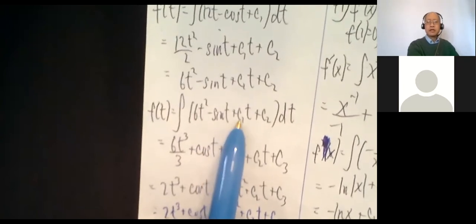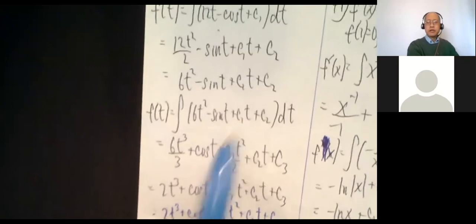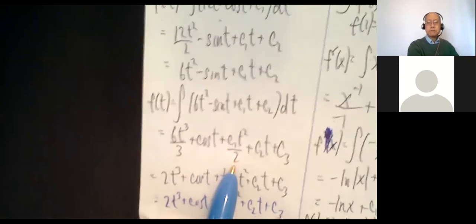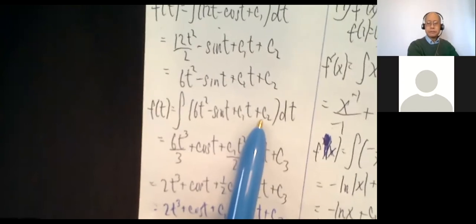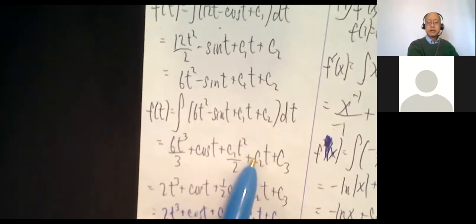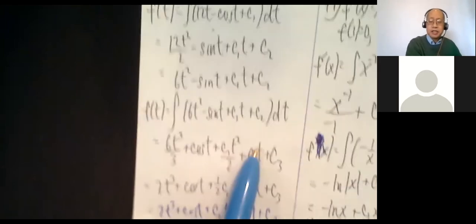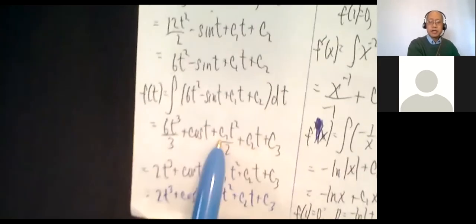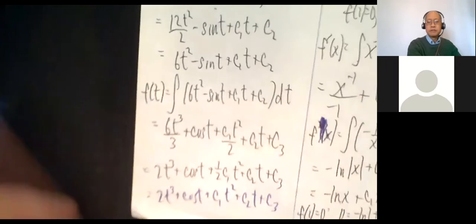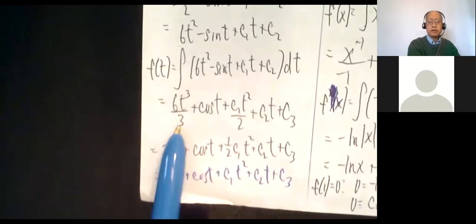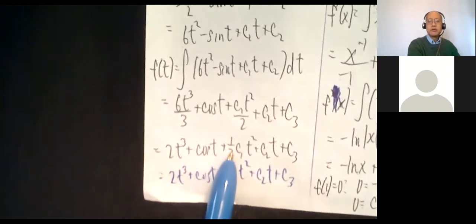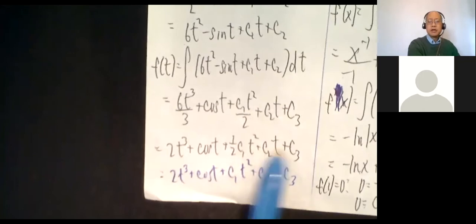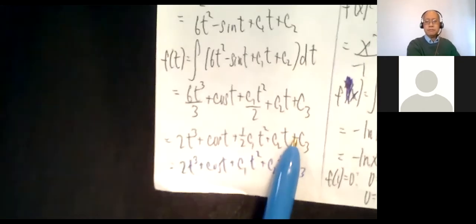Integral of c1t, c1t squared over 2. Integral of c2, it's a constant, c2t, plus another constant, which could be different than this one and this one, so plus c3. And a little bit of touch up. 6 divided by 3 is 2, so 2t cubed plus cosine t plus 1/2 c1t squared plus c2t plus c3.